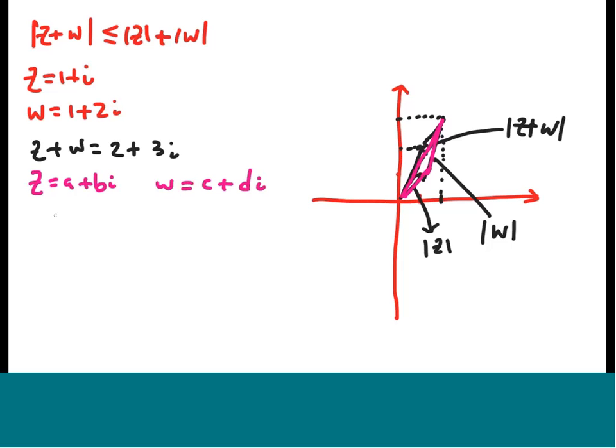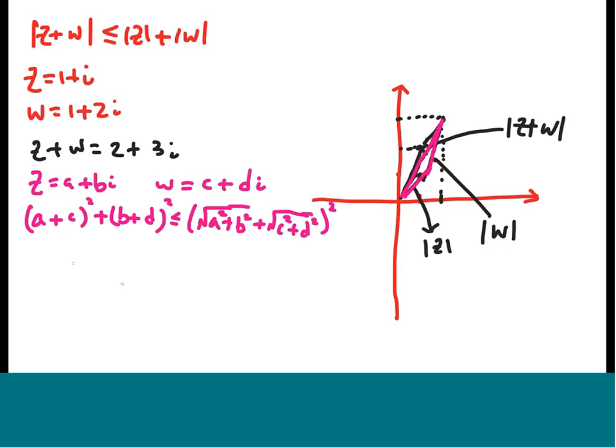So you just figure out what you really need to prove. You want to prove that the square root of (A plus C) squared plus (B plus D) squared is less than the square root of A squared plus B squared plus the square root of C squared plus D squared.